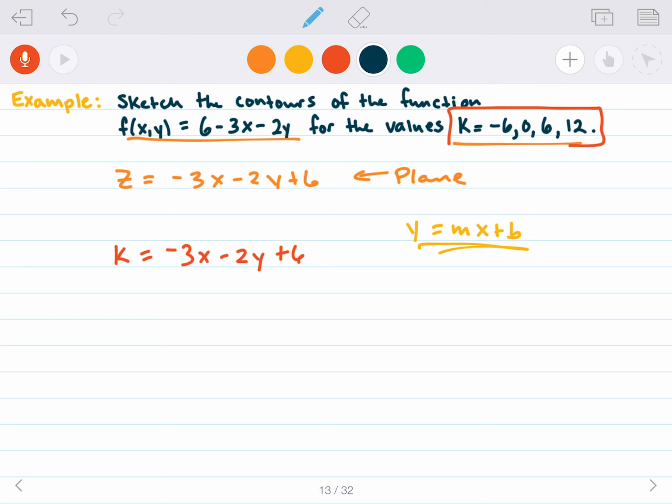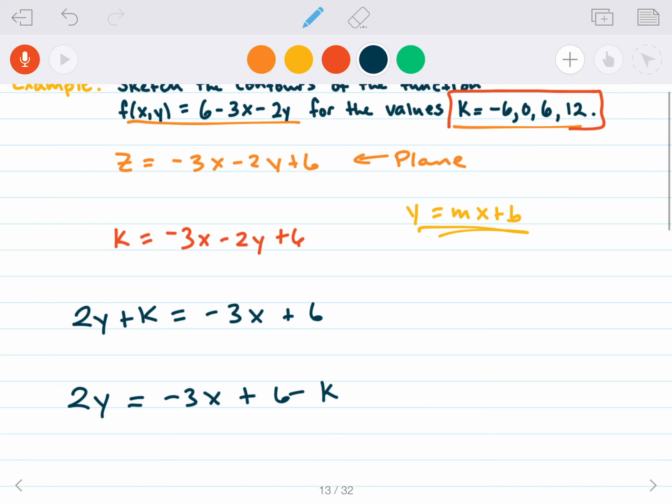So if I add 2y to both sides, I get 2y, positive k on the left. I just added 2y to both sides. And now I'm going to subtract k from both sides. And finally, I'm going to divide everybody by 2.